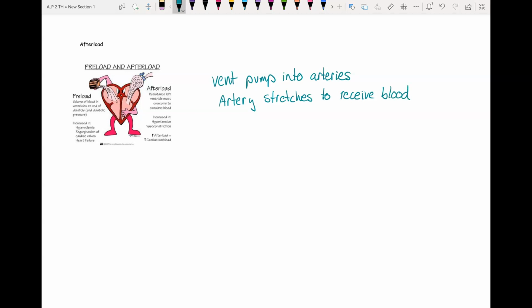Okay, sometimes people can get artery disease. Like you can have atherosclerosis, you can have plaque buildup, so you can have problems in your arteries that prevent them from receiving the blood. If you look here in this picture, they're showing a little clamp on the artery there. So the heart's trying to pump blood into the artery, but the artery is not receiving it.